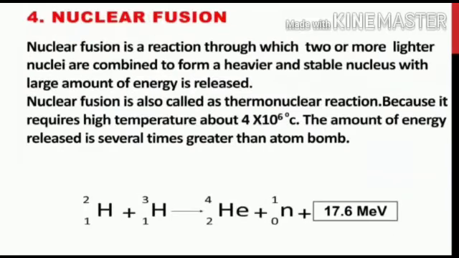For a nuclear fusion to occur, it is necessary to bring the two nuclei very close together. Nuclear force becomes active then. It operates between protons and neutrons. But at the same time, electrostatic force is operating between the protons of the two combining nuclei.